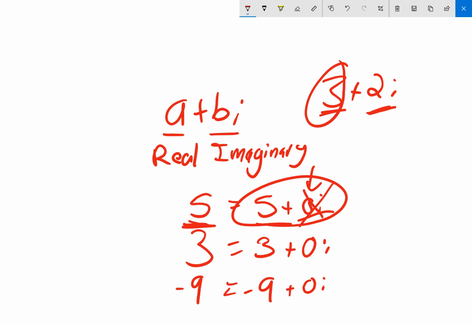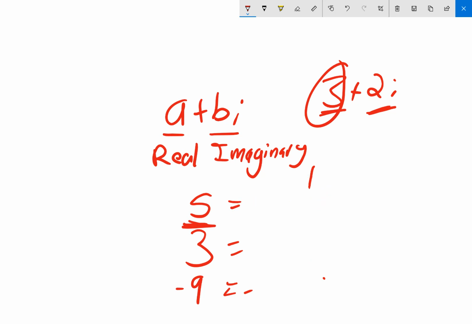All right, so C is wrong. C says every real number is a complex number with an imaginary part of 1. That's basically saying the same thing as A, that 5 is the same as 5 plus i, and 3 is the same as 3 plus 1i. That's just wrong. And D is sort of the opposite: every complex number is a real number with an imaginary part of 1.